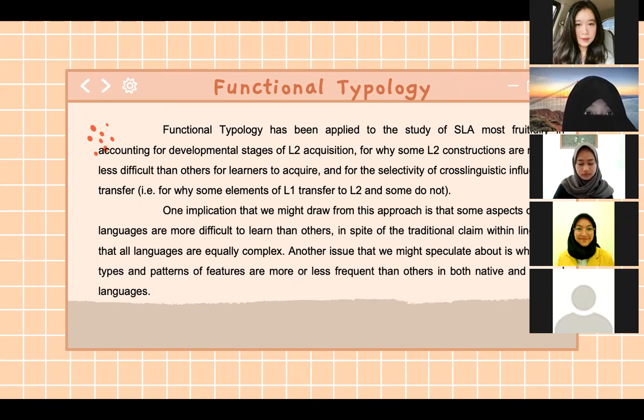One implication that we might draw from this approach is that some aspects of some languages are more difficult to learn than others, in spite of the traditional claim within linguistics that all languages are equally complex. Another issue that we might speculate about is why some types and patterns of features are more or less frequent than others in both native and second languages.